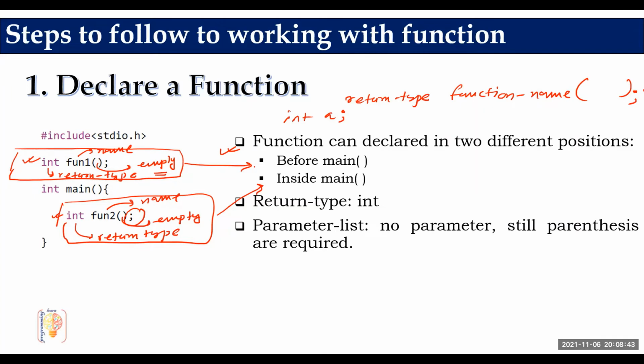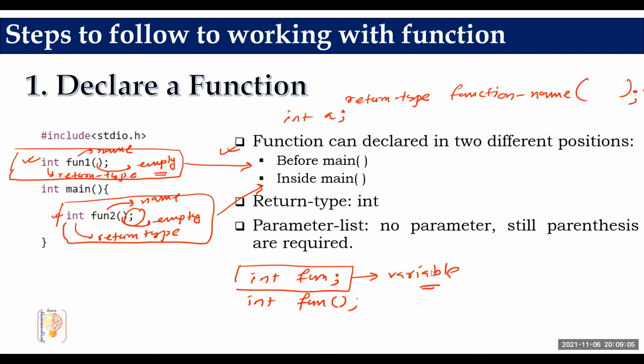Parentheses are important. If you did not provide the parentheses, what will the compiler consider? If I write int fun semicolon, and if I write int fun with no parentheses, it will be considered a variable. From the name, the compiler doesn't understand it is a function. Do not consider fun a keyword. Fun is not a keyword, it's just the name of an identifier. The function name is also an identifier name. You can give any name to the function, following the rules of identifier names.